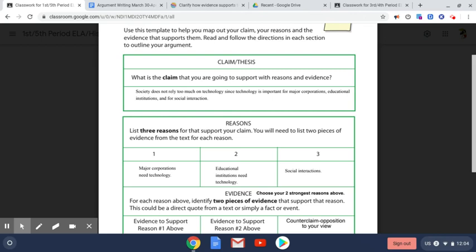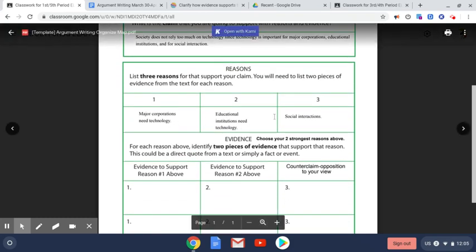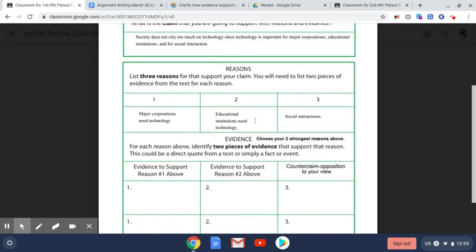So in my claim, I said society does not rely on technology too much. Make sure you have your 3 reasons embedded in your claim. And then go here and put your reasons on the reasons section of the document.